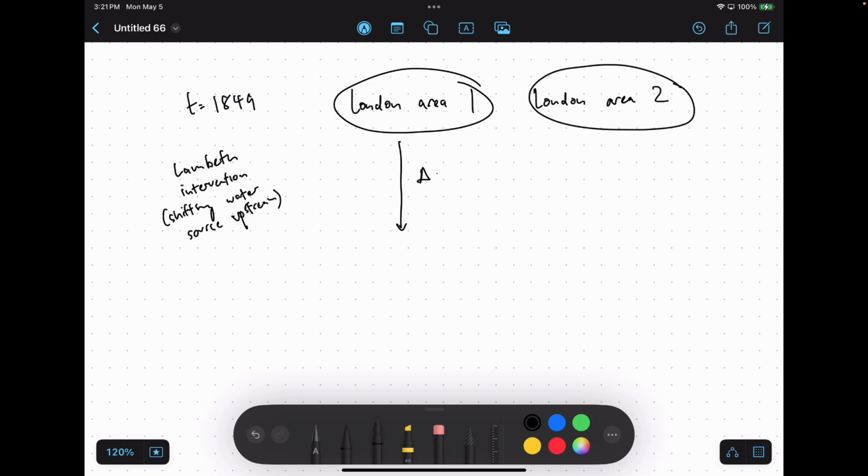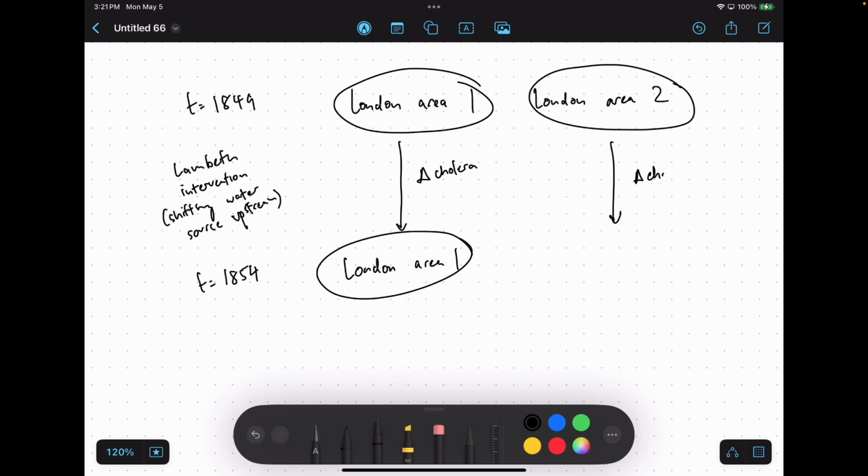So here we have some kind of change in cholera. London, Area 1 again. This time in 1854, you have a measurement of death rates after the intervention was applied, compared to changes in cholera with no treatment.